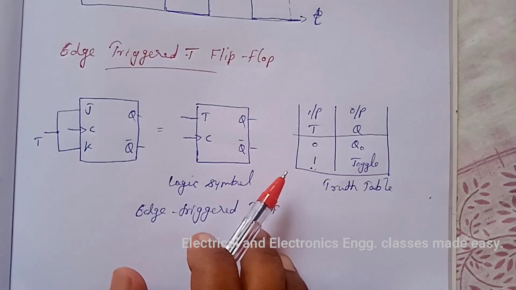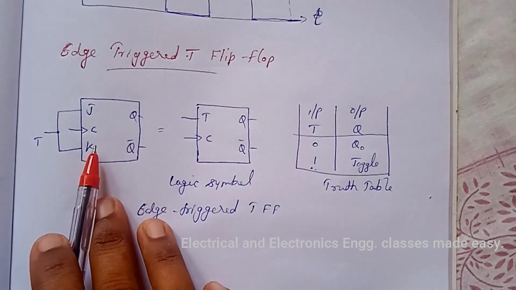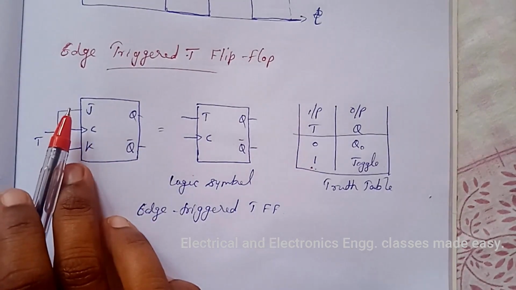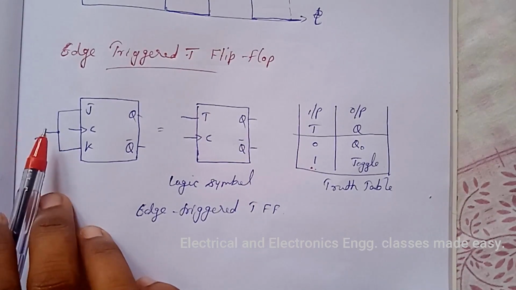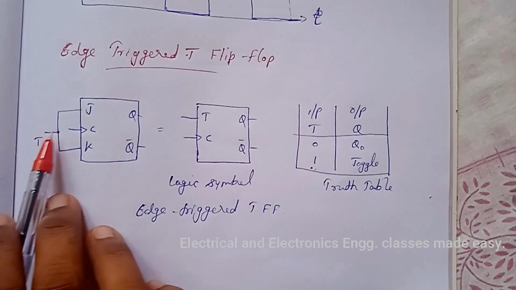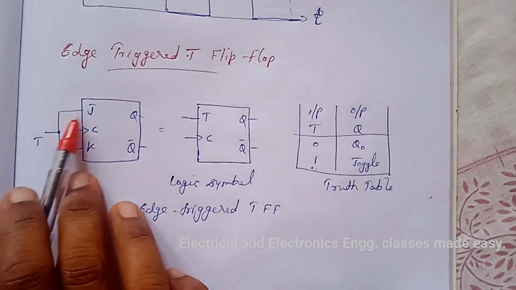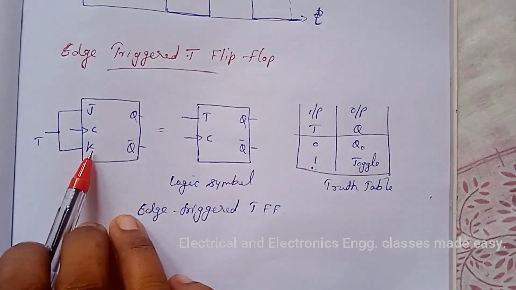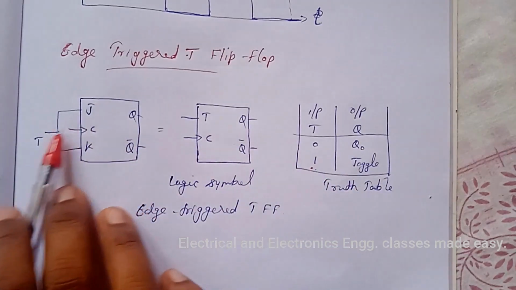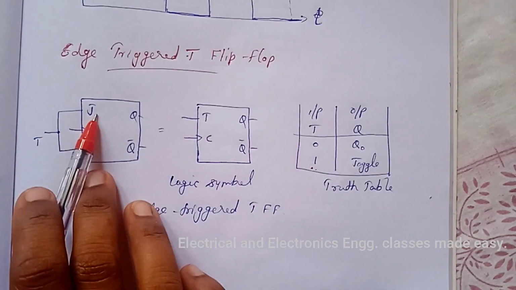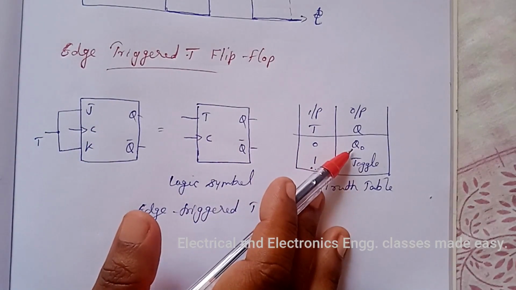And a T flip-flop can be made from JK flip-flop by just connecting J and K together and labeling the common connection as T. Thus, when T is equal to 1, we have J equal to 1 and K equal to 1. That means in toggle state. And when T equal to 0, that is J equal to 0 and K equal to 0. That is no change for the output.